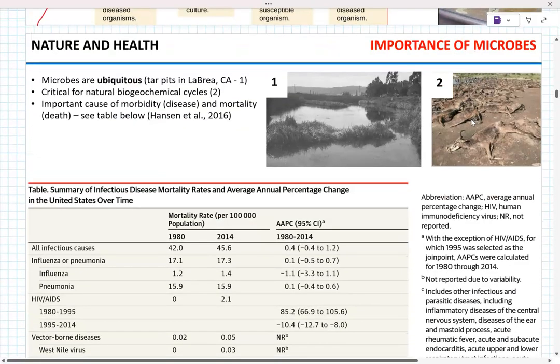So obviously, microorganisms are important. At some point, I was trying to come up with a location on Earth which does not have any microorganisms, and I actually figured it out. Anyone want to guess? Which places on Earth are completely sterile?